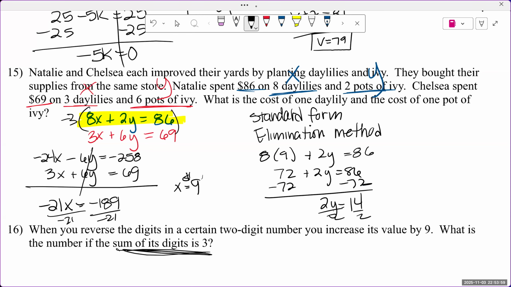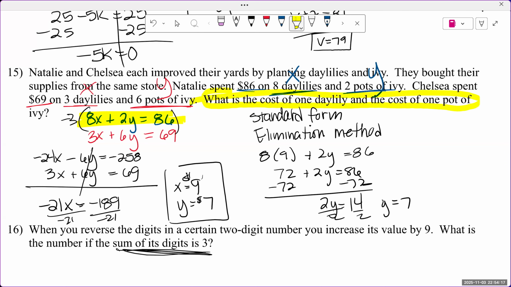Divide by 2, y equals 7. So a pot of ivy is $7. So if we have a question right here, what is the cost of 1 daylily and 1 pot of ivy? So 1 daylily plus 1 pot of ivy is 9 plus 7 equals 16.